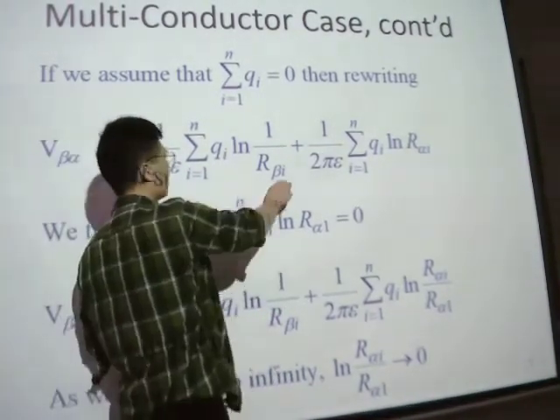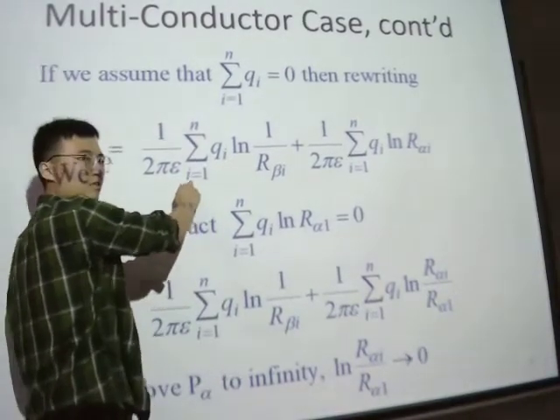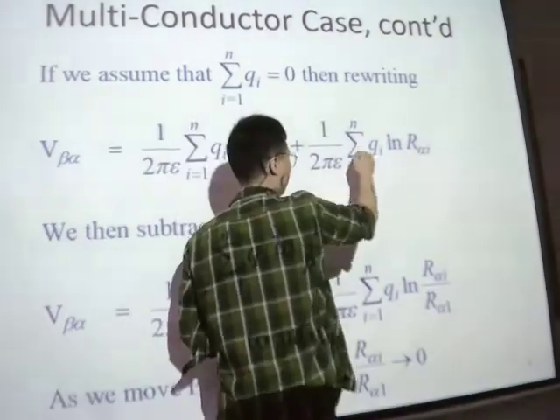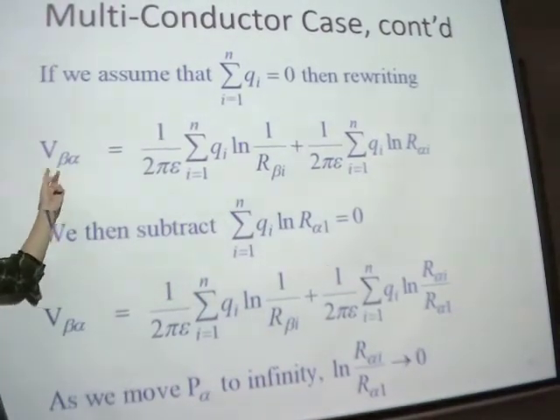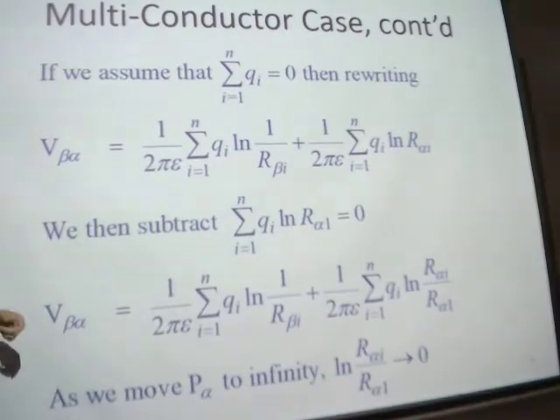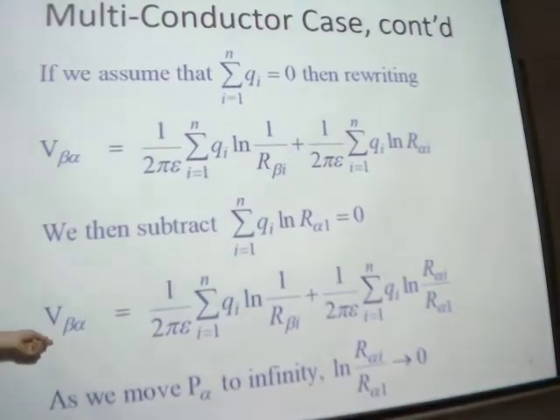So the first part minus 0, the second part minus 0, is okay. It is still equal to the voltage difference. So we can break it down like this.